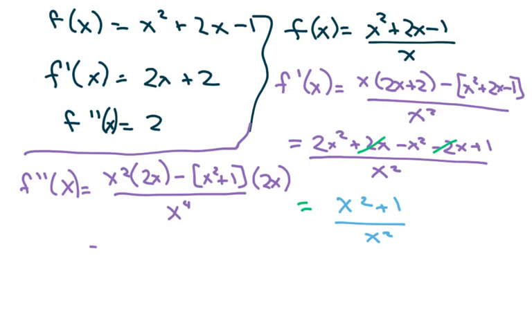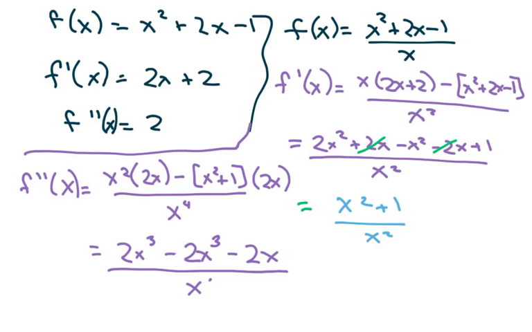So cleaning this up, we get 2x cubed minus x squared, oops, we're going to multiply by 2x, so it's going to be minus 2x cubed minus 2x over x to the 4th. So that cancels. You get negative 2x over x to the 4th, which equals negative 2 over x cubed.